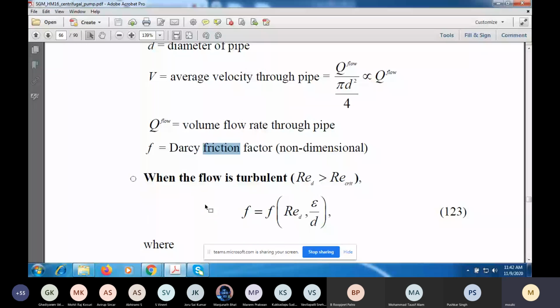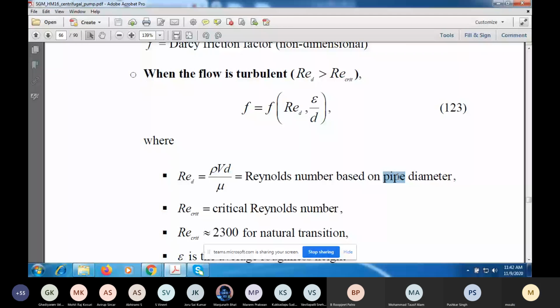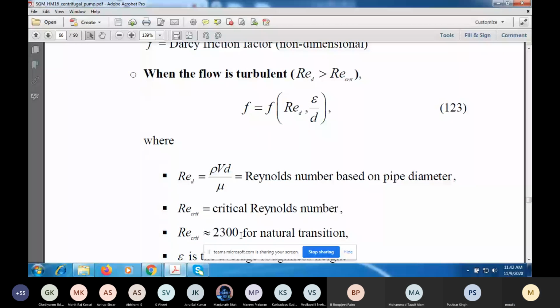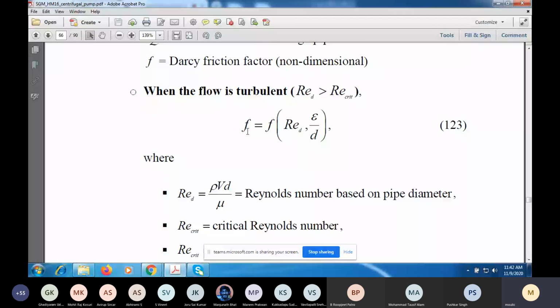Now you know that when the flow is turbulent, that will occur if the Reynolds number based on the pipe diameter is larger than a critical value. So for natural transition, you know the value is about 2000 or 2300, the critical Reynolds number. And Re subscript d is the Reynolds number where you're using the average velocity through the pipe and the diameter of the pipe. So f depends on Re_d and this epsilon by d ratio when it's turbulent, and is given by Moody's chart.